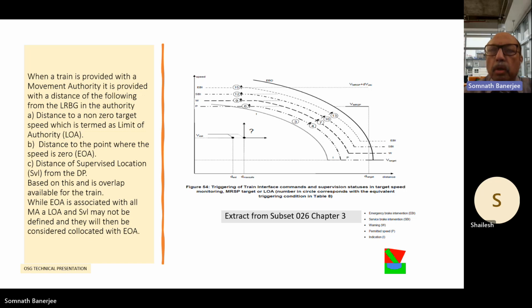Now, the target speed monitoring is therefore available after the ceiling speed monitoring.